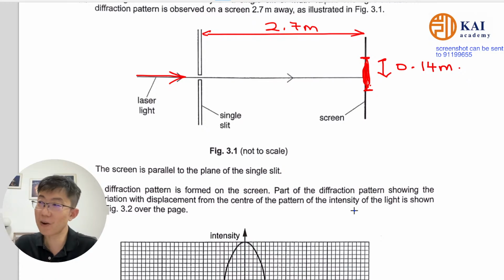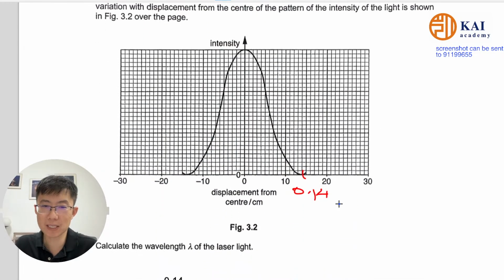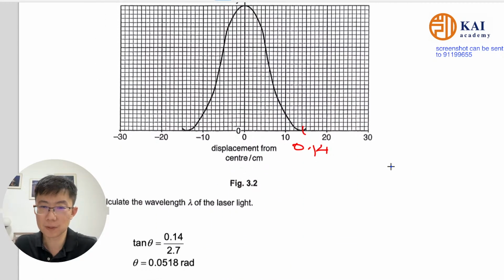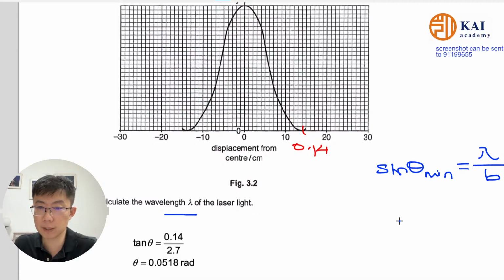The formula that you have to memorize for single slit diffraction goes like this: sine theta at the first minima is governed by this lambda over b relationship. The question asks us for the wavelength of the laser light, so lambda equals b sine theta first minima.